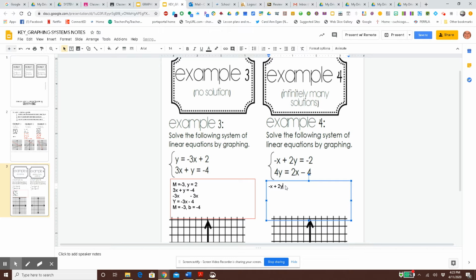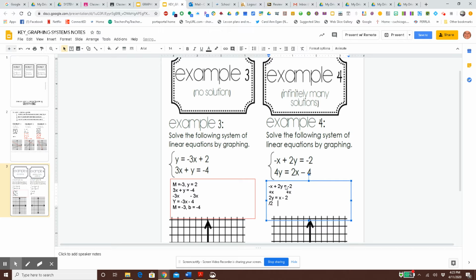plus 2y equals -2. I'm going to add x to both sides. Remember, to put in slope-intercept form, we want to isolate that y. Y has to be all by itself. So 2y equals x minus 2. And last thing we have to do is get rid of that 2 in front of the y, because it can only have a coefficient of 1.